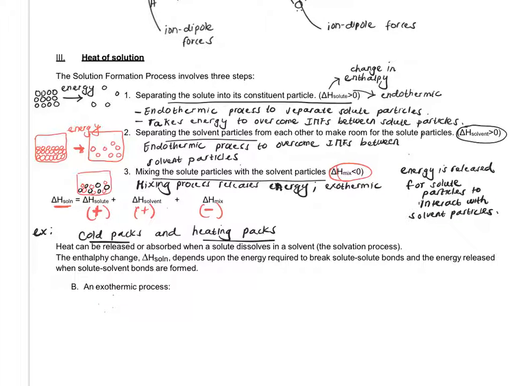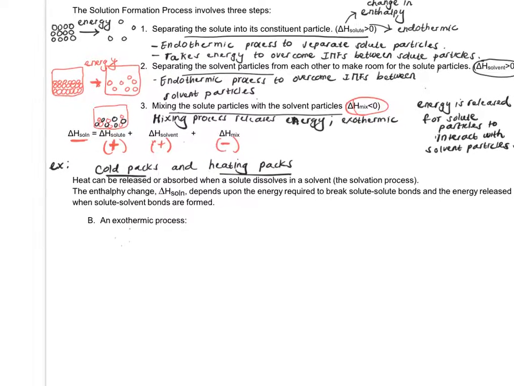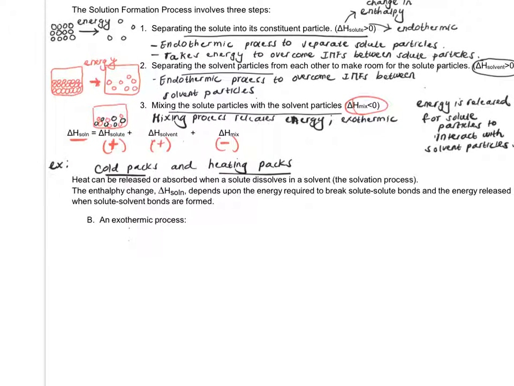What causes this to happen? Okay, and we're going to relate that using our delta H of solution. If we look at our delta H of solution up here, for this to be an exothermic process, the delta H of mixing has to be greater in magnitude than the delta H of solute and the delta H of your solvent.